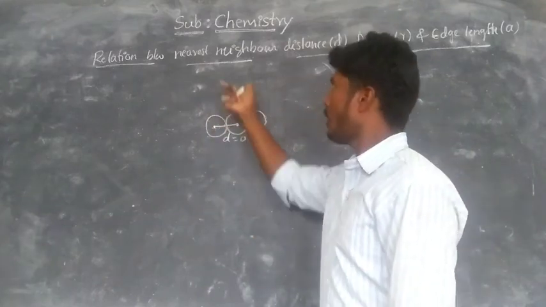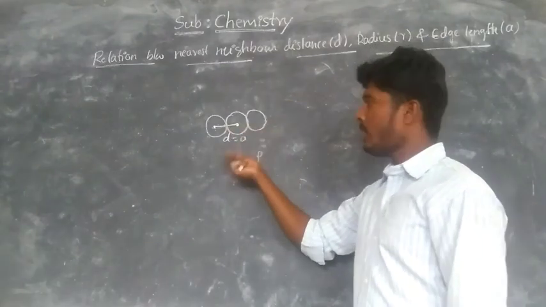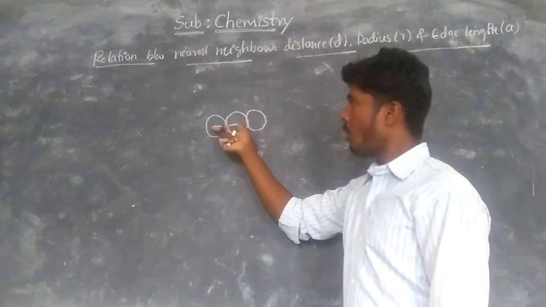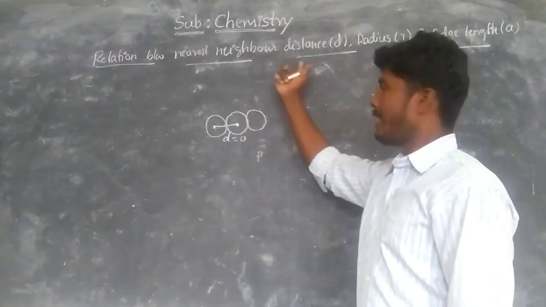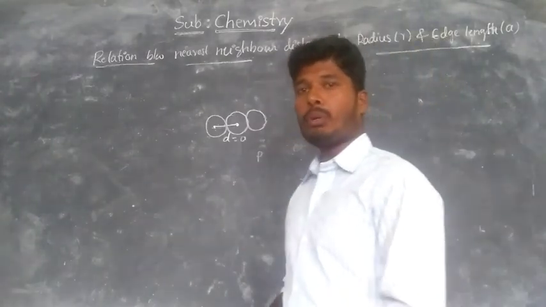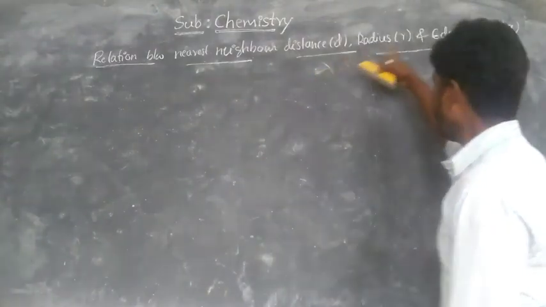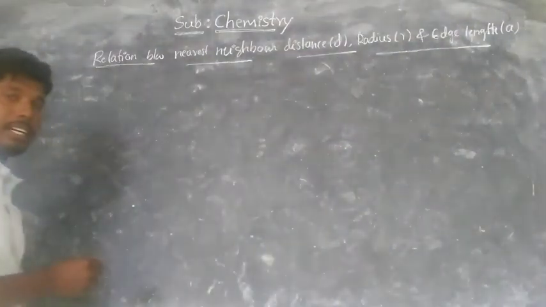Remember, nearest neighbor distance is the distance between the centers of any two adjacent spheres. Now here we are going to define the relation between nearest neighbor distance d, radius r and edge length a in a simple cubic crystal.